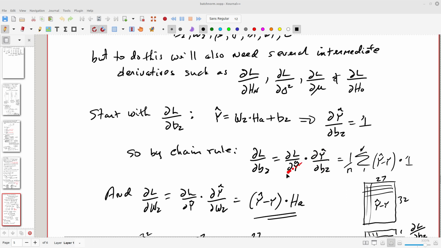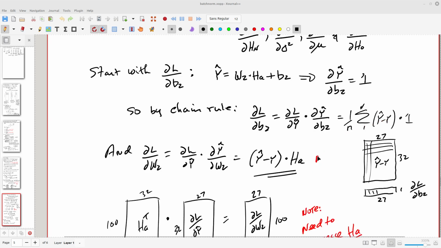You notice that the dy predicted cancels out, so you end up with the loss with respect to B2. That's just this summation, which is dL dy, which we did a few minutes ago, times 1, because dy dB2 is just 1.